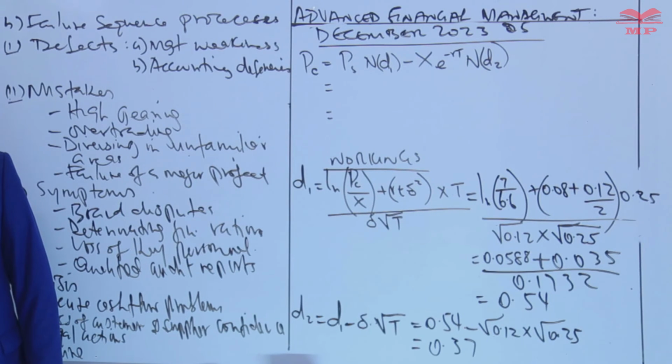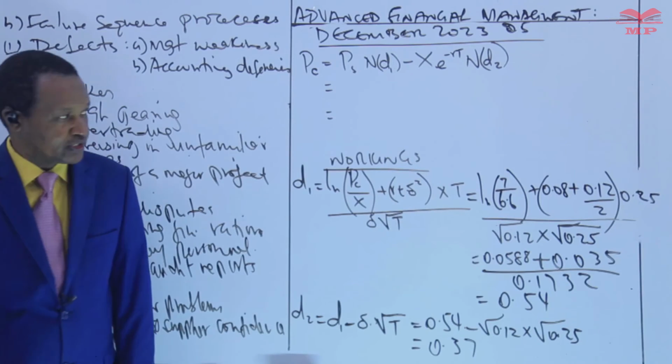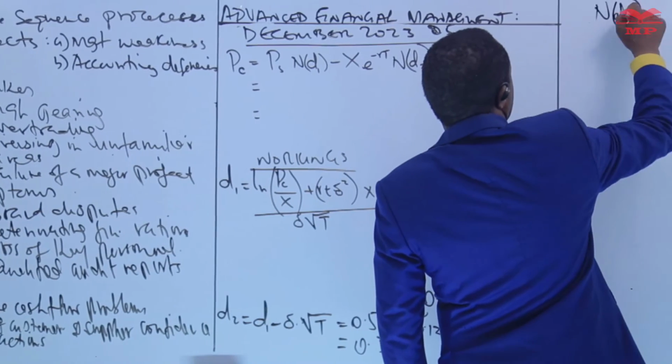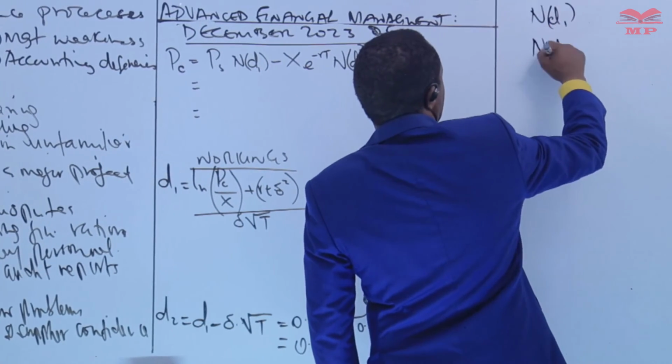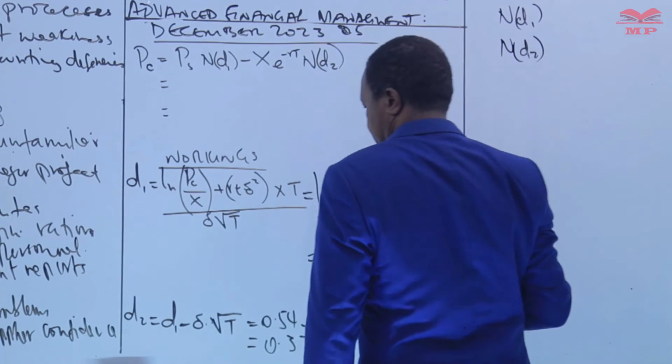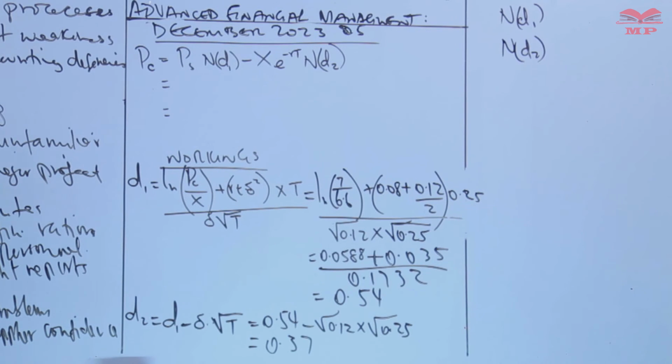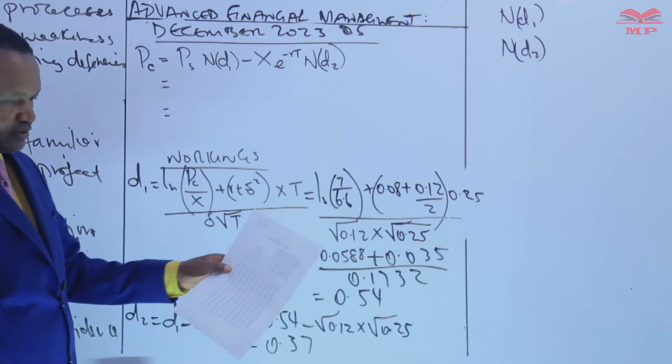Standard normal tables, so that you can read from the tables ND1, ND2. What are the values? You can read directly from the tables. I have my table here.